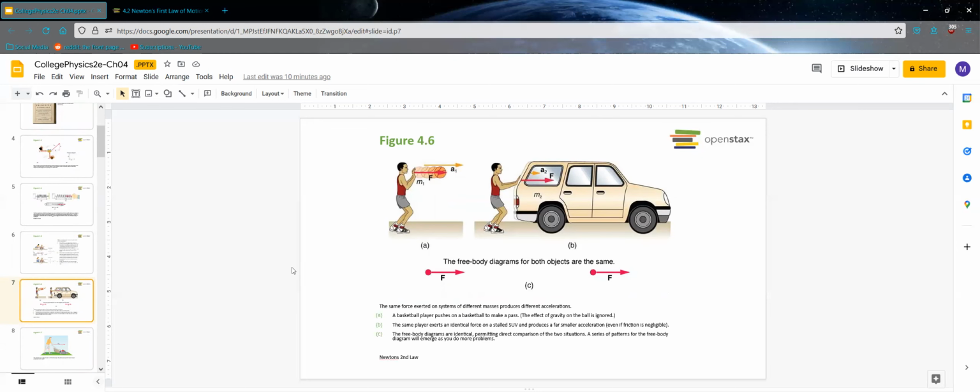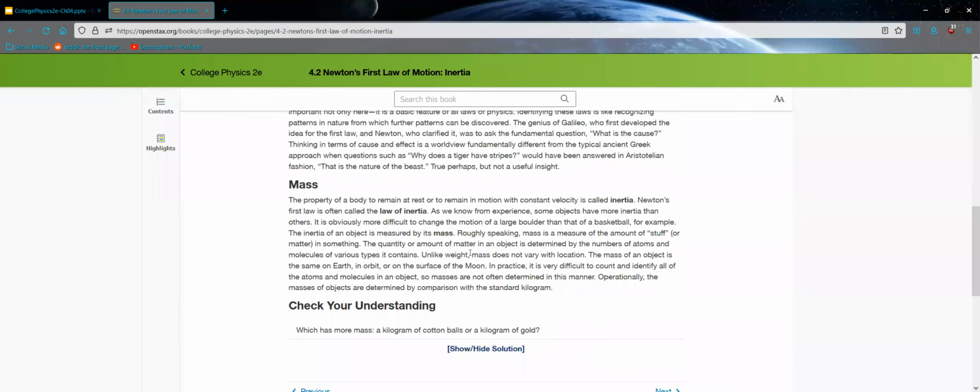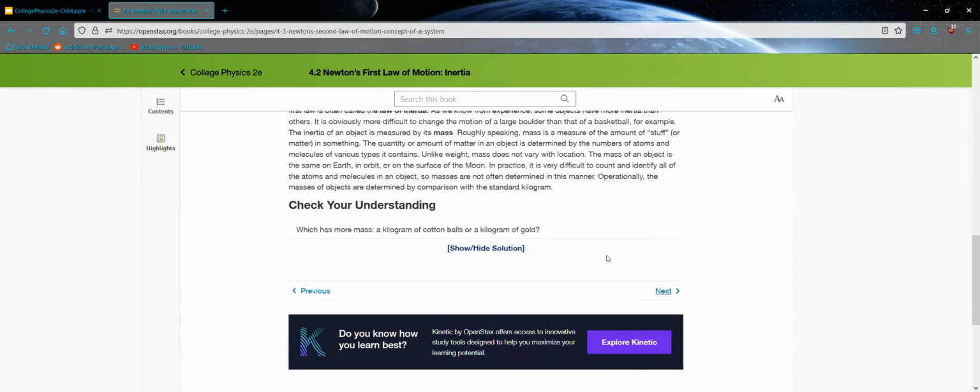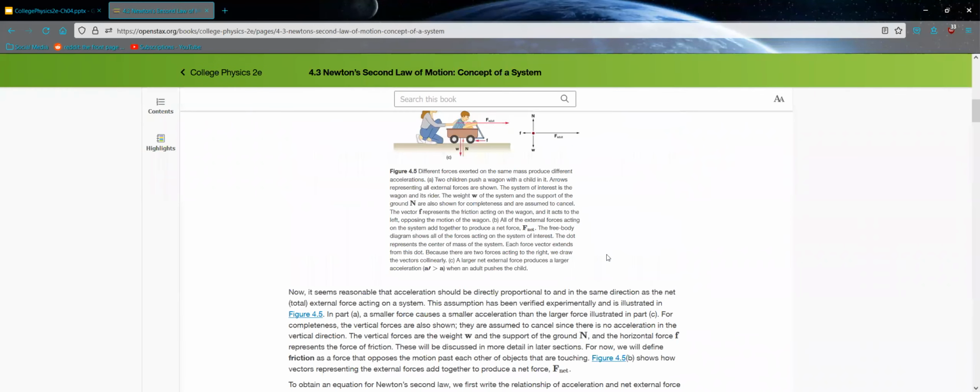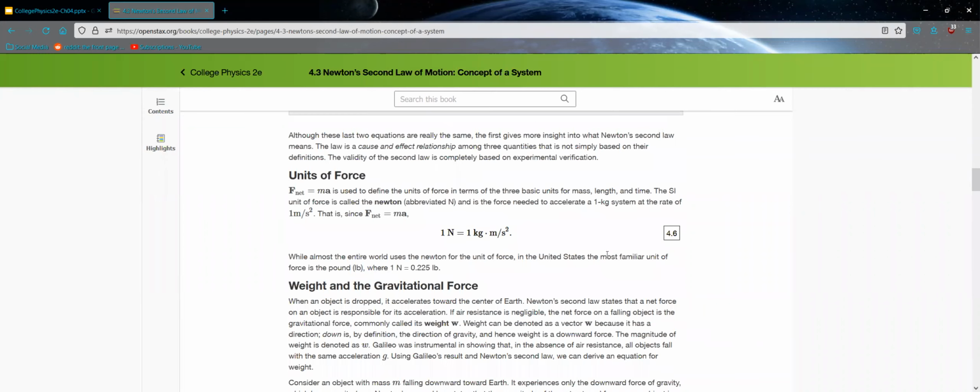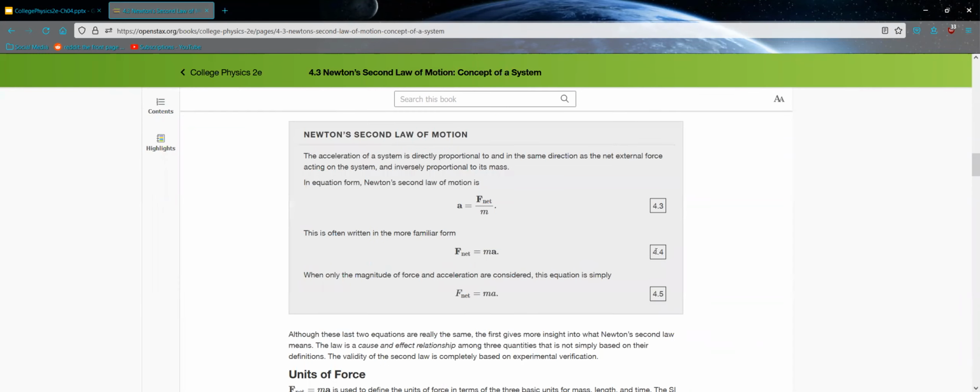So that brings us to our second example, Newton's second law of motion. Newton's second law of motion is actually an equation as well, funny enough. It states that the acceleration of a system is directly proportional to and in the same direction as the net external force acting on the system and inversely proportional to its mass.